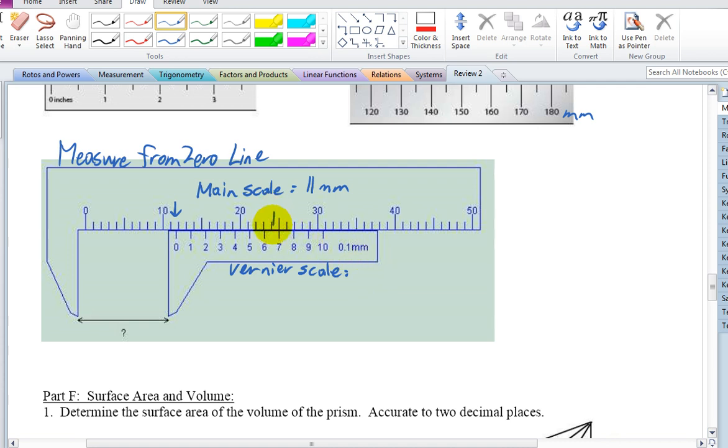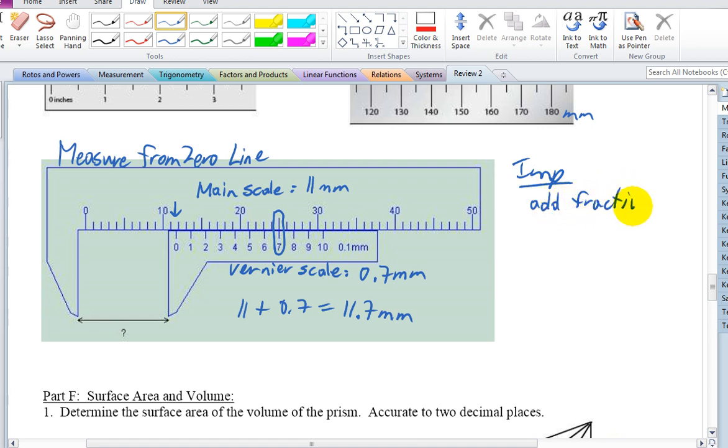Your vernier scale matches up perfectly here, so it's 0.7 millimeters. So what we do is we add these scales together. 11 plus 0.7 equals 11.7 millimeters. Now for imperial, you're going to have to add fractions. And when you do that, make sure you have a common denominator.